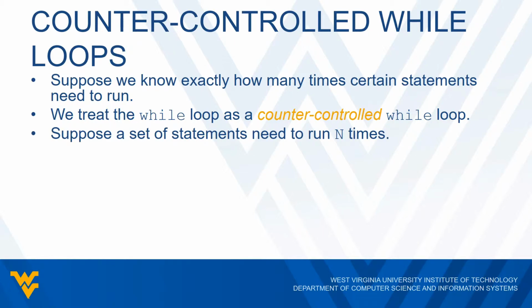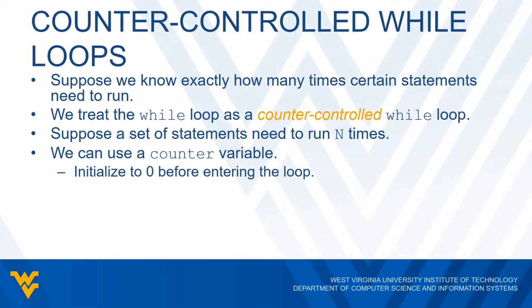So let's suppose we have a set of statements that need to run n times. And n in this case can be just some arbitrary number. We won't worry about exactly what n is. We just know it's going to run a specific number of times. We can use a counter variable, which will serve as our loop control variable. So we'll initialize our counter to 0 before we get into the loop.